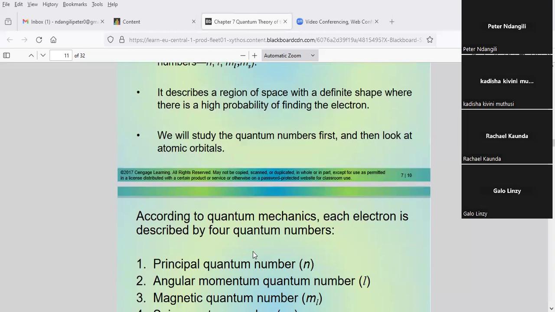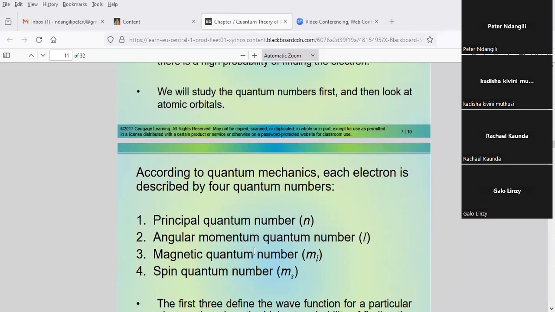According to quantum mechanics, each electron is described by 4 quantum numbers. So any electron that you find in an atom must be characterized by these 4 quantum numbers. What are they? Number 1 is the principal quantum number, n, which is normally what we call the energy level.